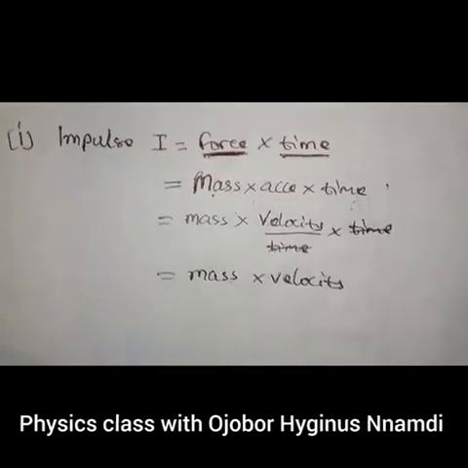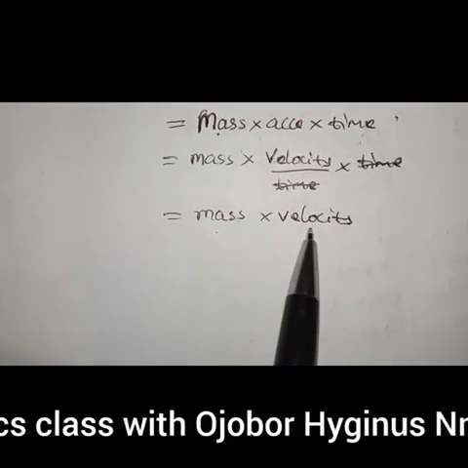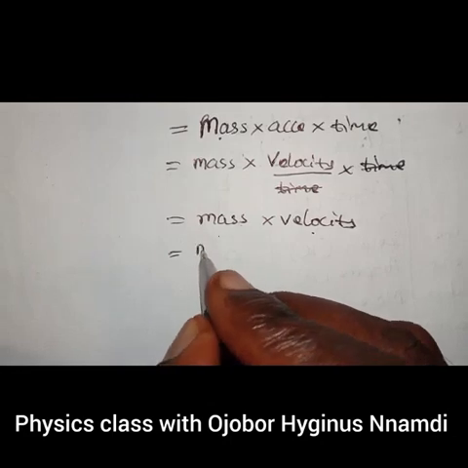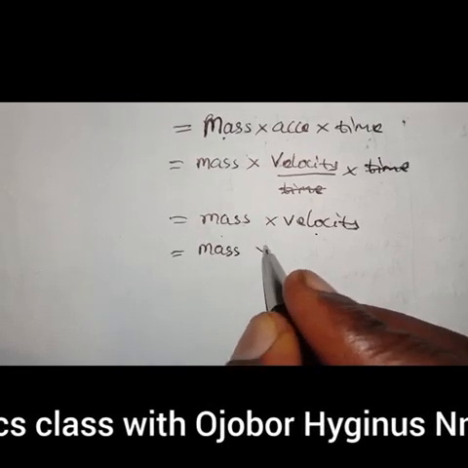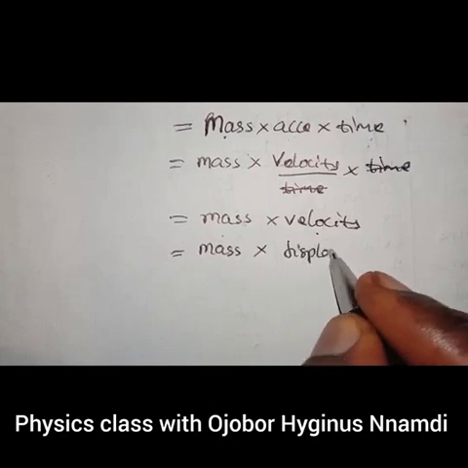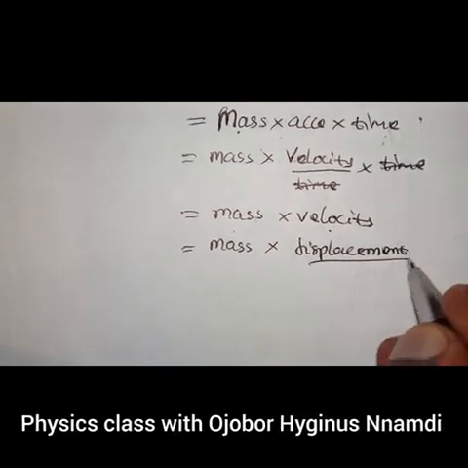Now if you look at mass times velocity, mass is in the fundamental quantity, but velocity is not there. So we have to break down velocity again. We'll write the mass times the velocity. Velocity we know is displacement over time. I have stated that before.